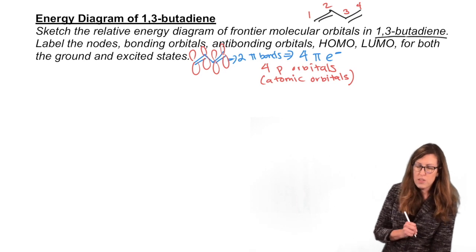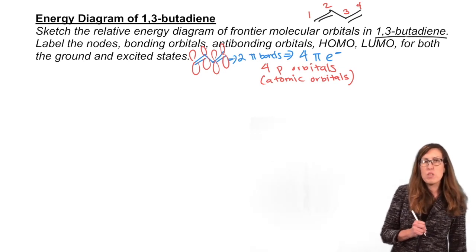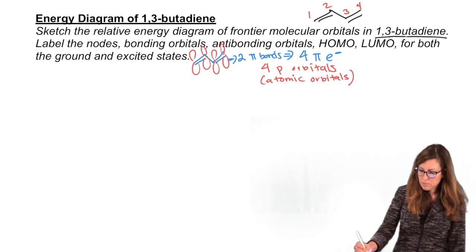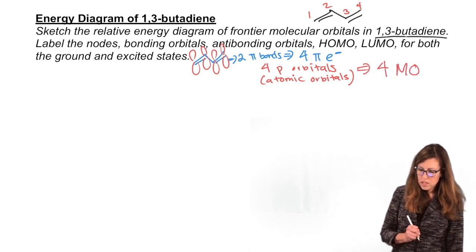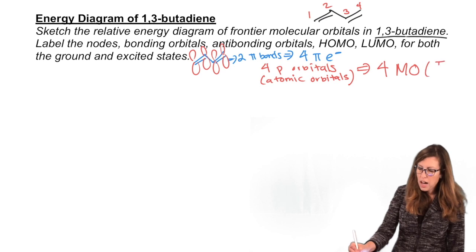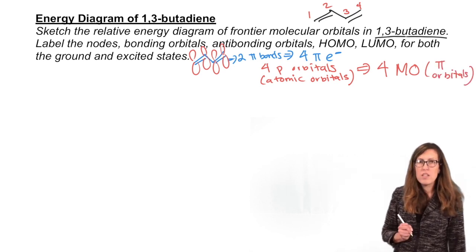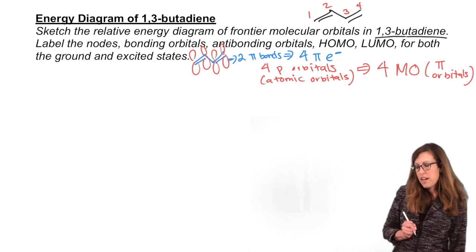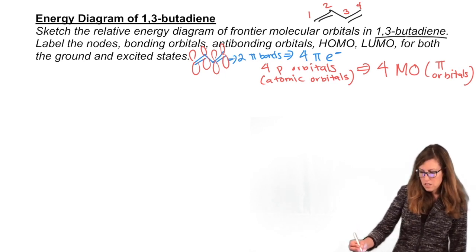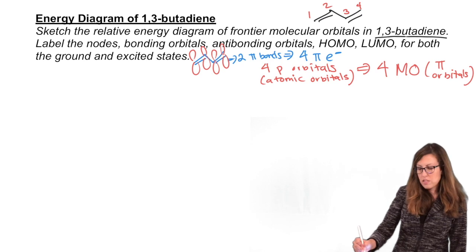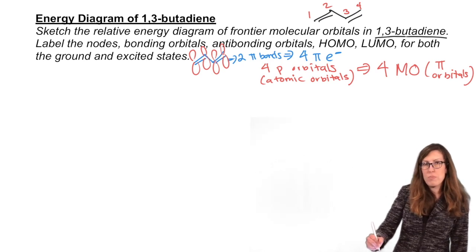So those overlap to make 4 possible molecular orbitals. We call those pi orbitals to give us the pi bonds. Now, the 4 molecular orbitals come from the 4 p orbitals.